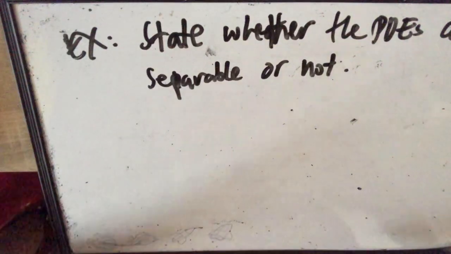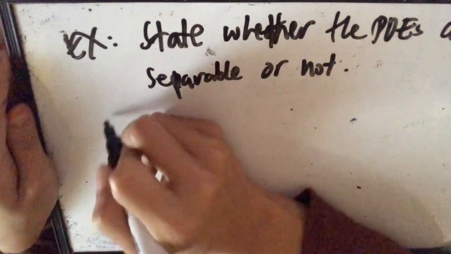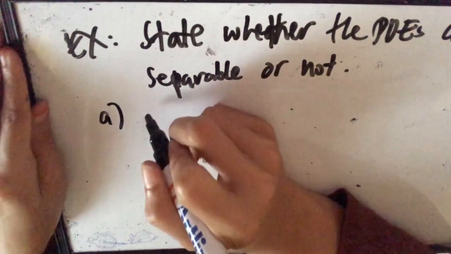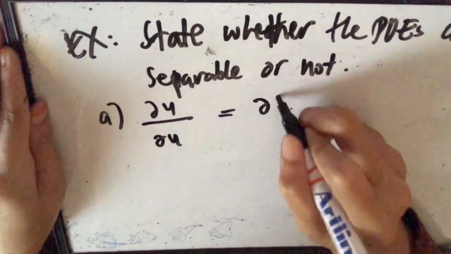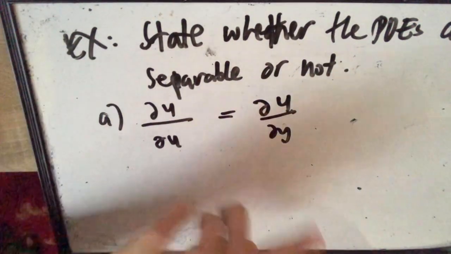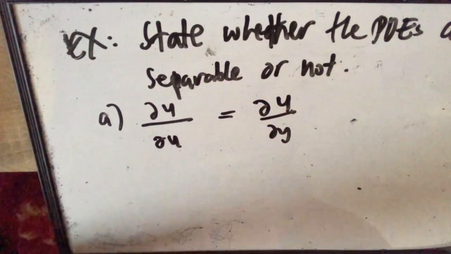By applying step number 1, here is the question: du/dx equals du/dy. We want to show whether this equation is separable or not.